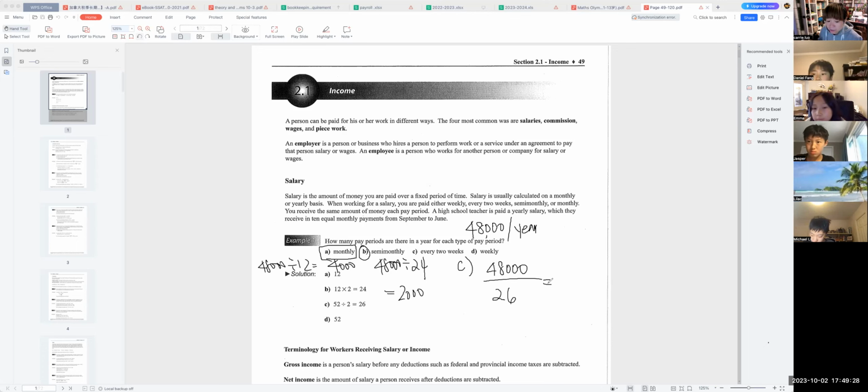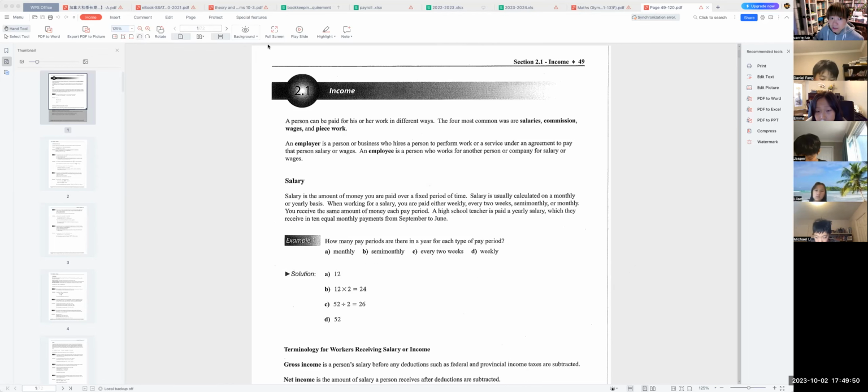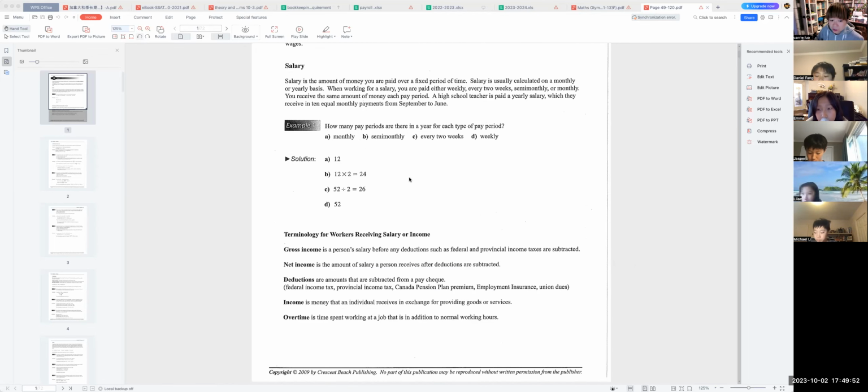Correct, everybody? So the answer is 1,846.15. That is actually Lilac's answer, and she got it right. Last one, weekly: that's 48,000 divided by 52. Correct, everybody? So I want you to understand how they equally share those numbers.